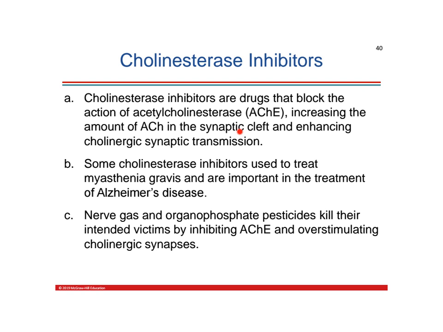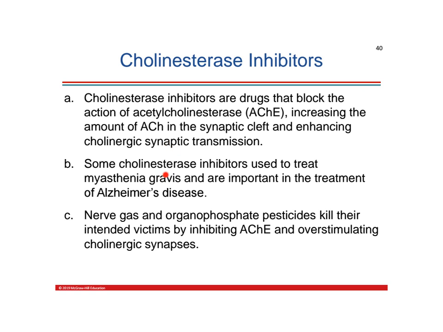Normally it's broken down or hydrolyzed by acetylcholine esterase. If you block the action of acetylcholine esterase, then the neurotransmitter is able to stay in a high concentration in the synaptic cleft for a longer period of time, and therefore continue to keep stimulating the postsynaptic cell. So this is a way of enhancing cholinergic synaptic transmission.